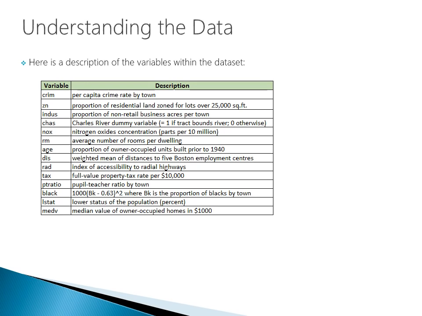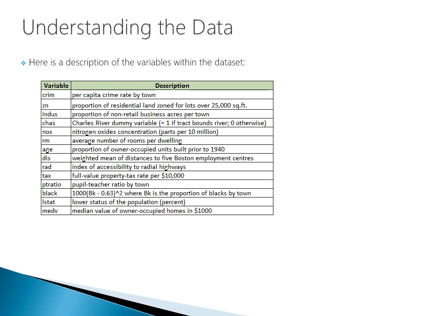So the variables that we have: we understand crime rates, so the per capita crime rates by a particular town. We understand the proportion of land zoned for lots of a certain size. We know how much non-retail business is in the town.